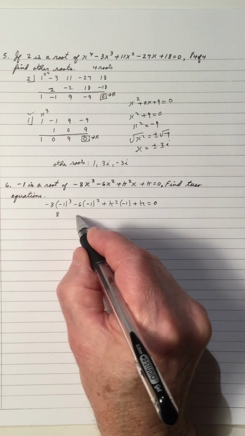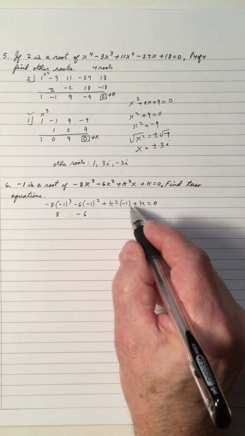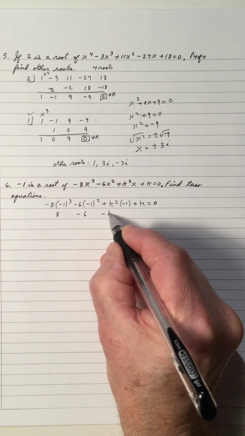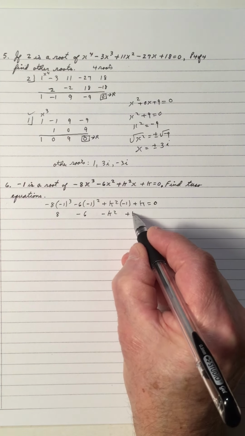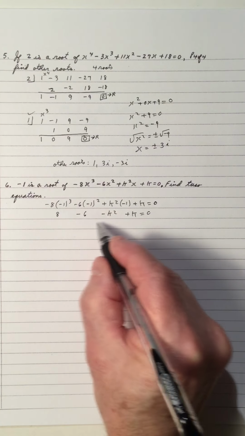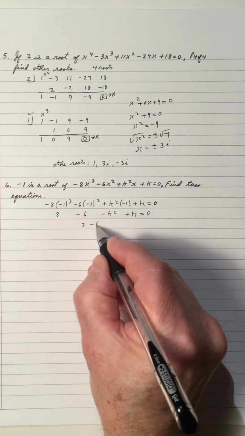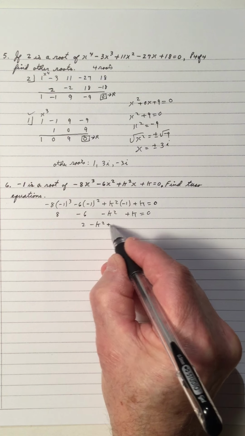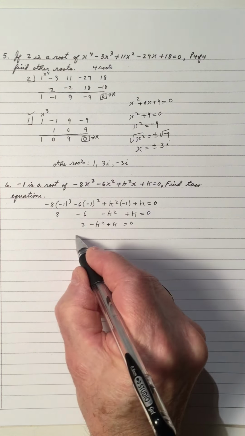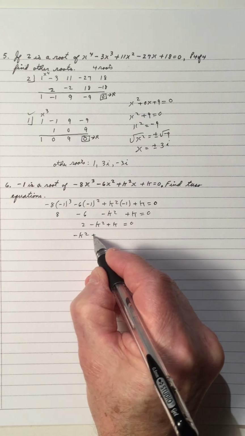Negative 1 squared is 1, so that's negative 6. And that's negative 1 times k is negative k, squared plus k equals 0. So I have a 2 minus k squared plus k equals 0, and so I have a negative descending order.